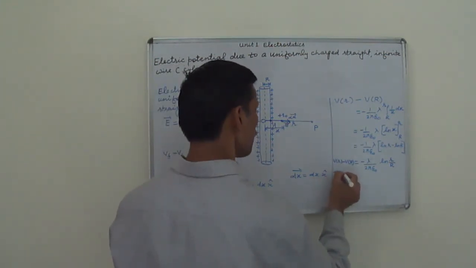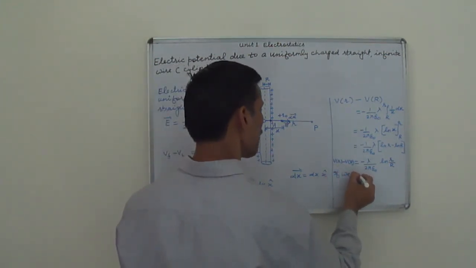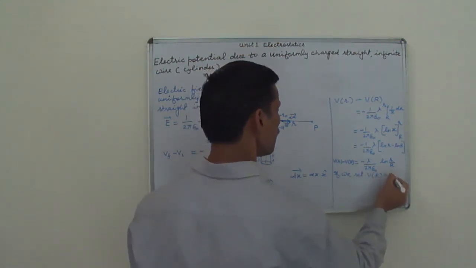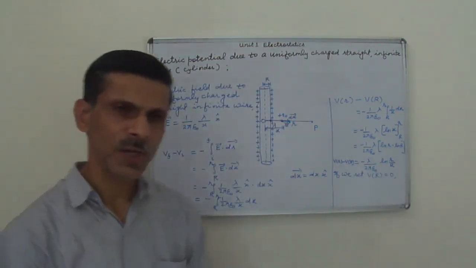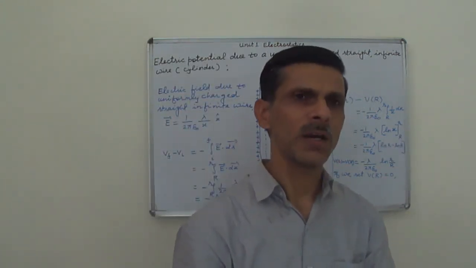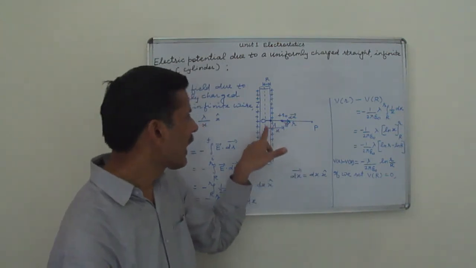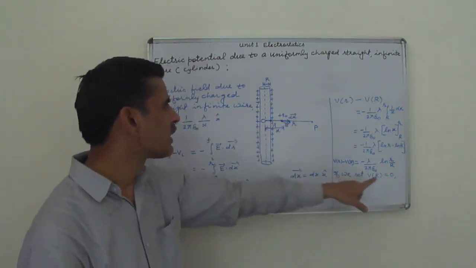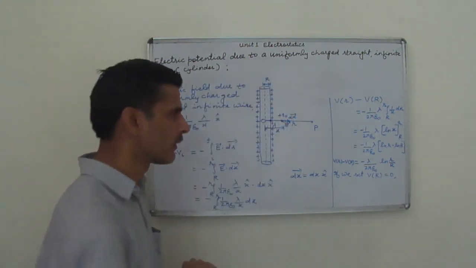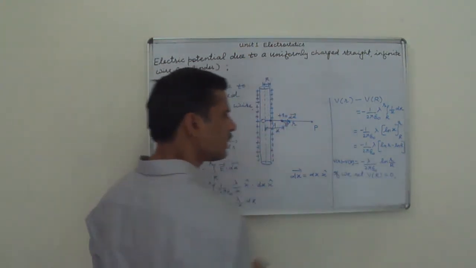If we set V capital R equal to 0, generally potential we take as 0 at infinity, but here we are setting potential 0 on the surface of this wire. So V capital R is equal to 0.